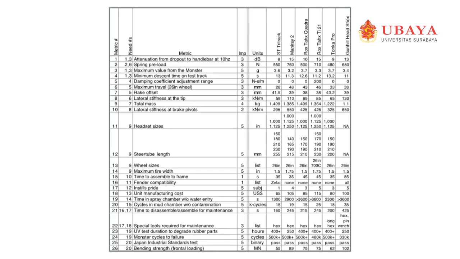The unit is dB, decibel. Competitor product number 1 has a value of 8, followed by the other products: 15, 10, 15, 9, and 13. These are the values of your competitor products, and of course this applies to all metrics. Again, we have 26 metrics and 20 needs.